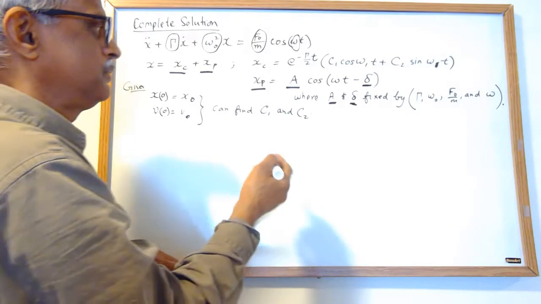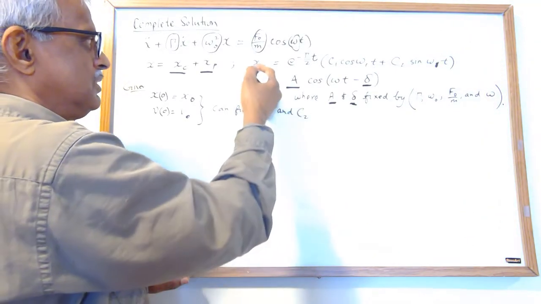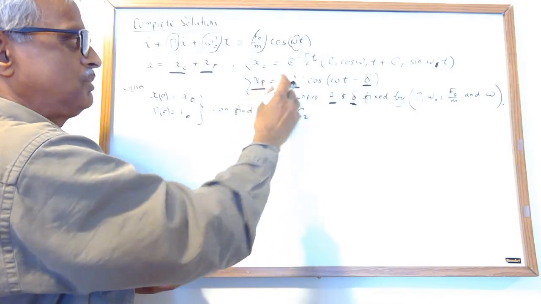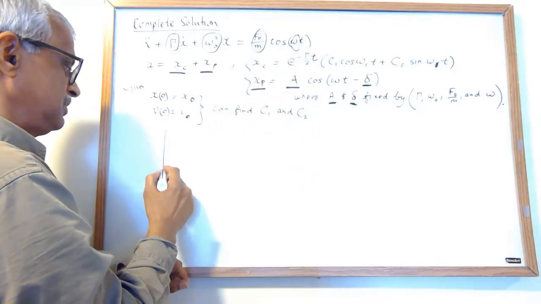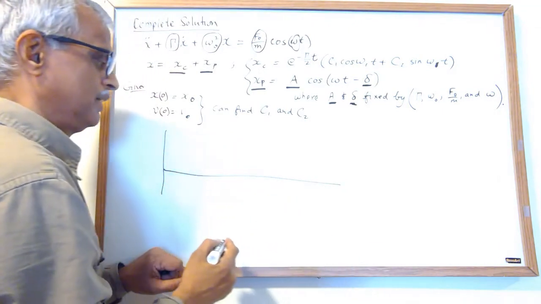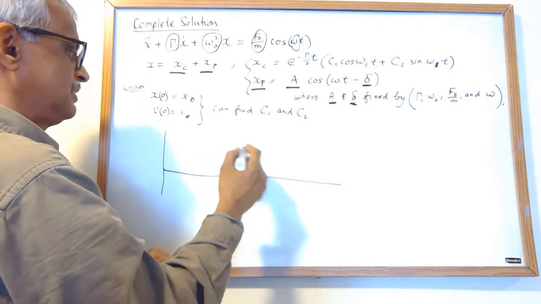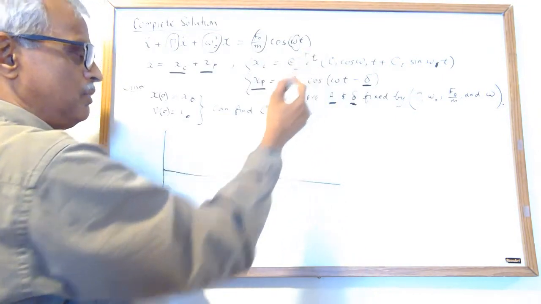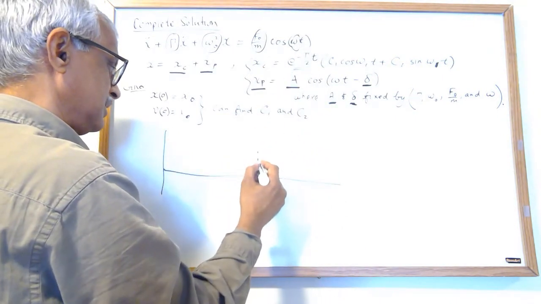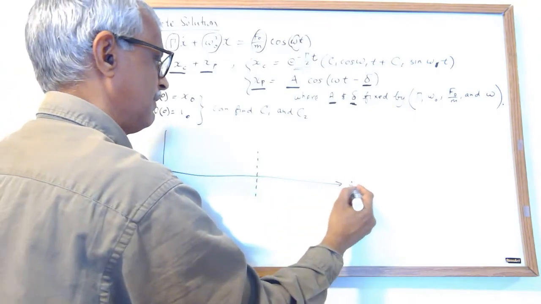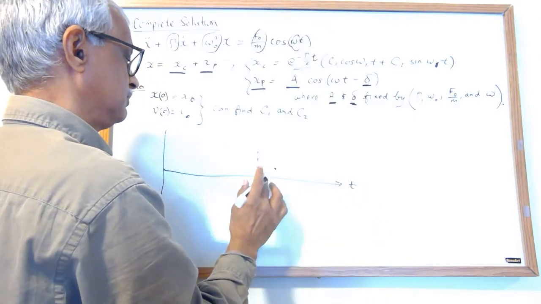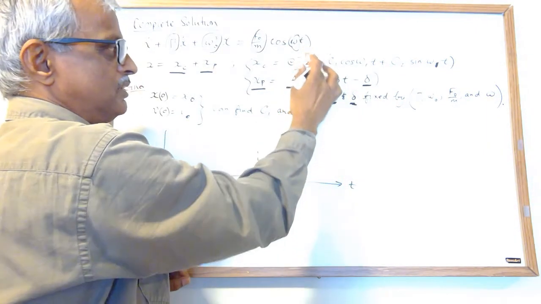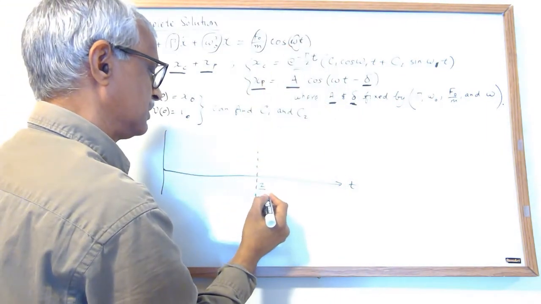So if you look at the solution now, this and this together, as time goes on, initially there is a time because this solution is dying with gamma over 2. So here is t, and gamma over 2 is 1 over time, right? So the unit of this is time, so this is 2 over gamma.